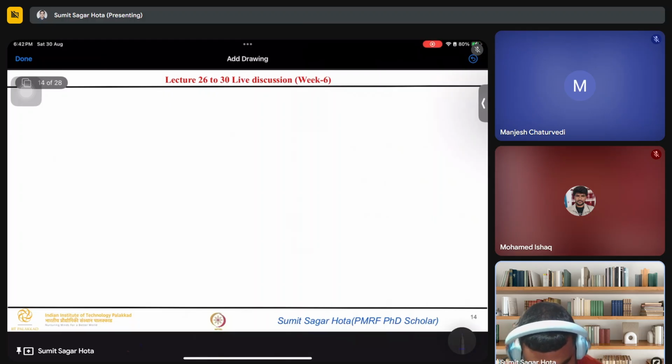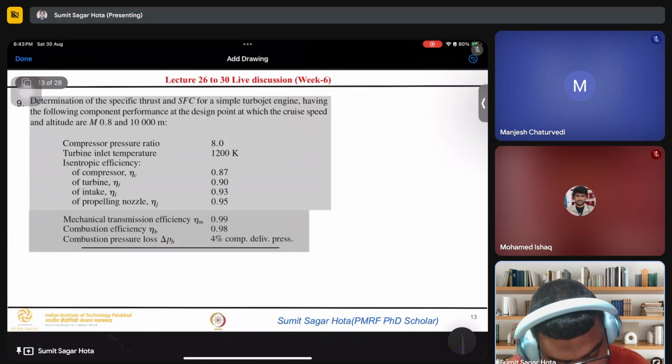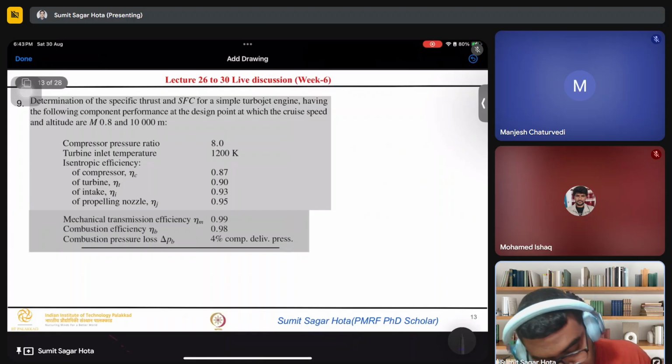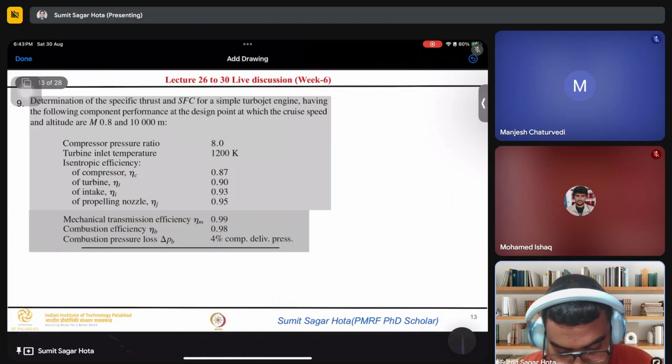Let's just start solving. So in the question, if you see, some of the things are not given. So in the exam, they should give all these values.